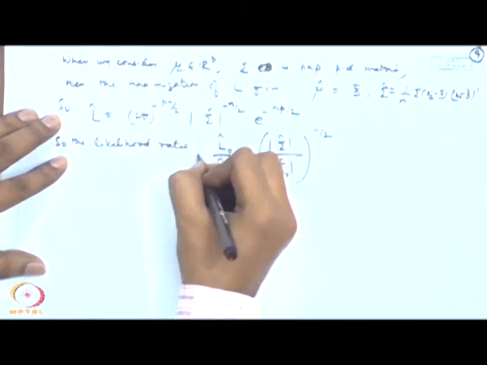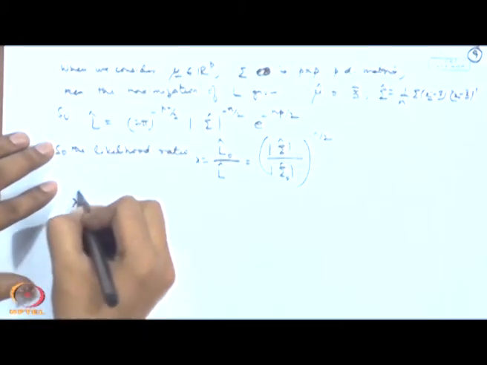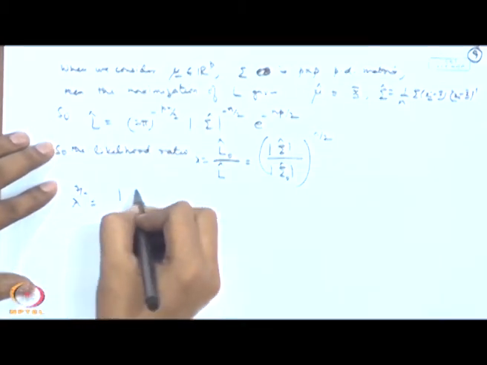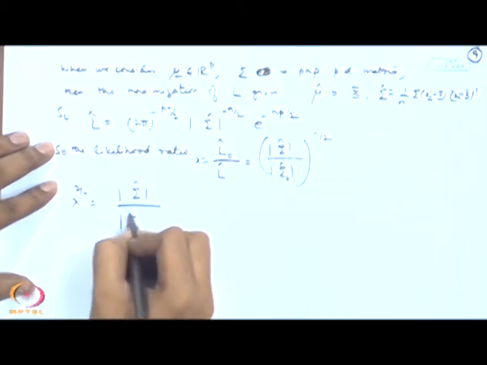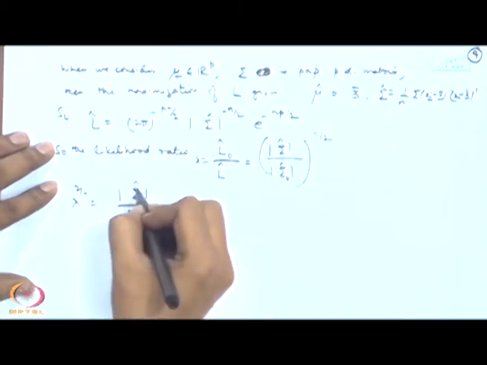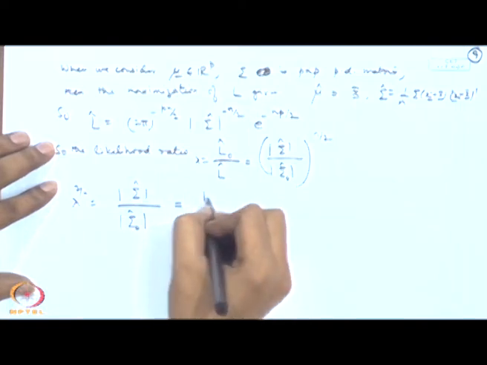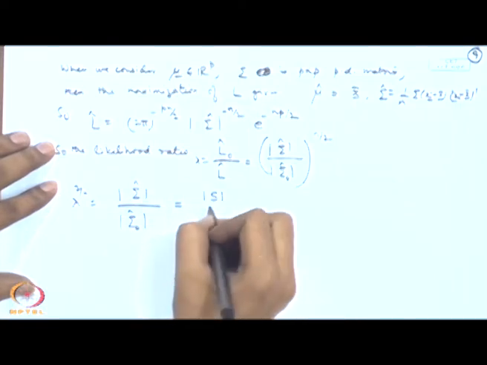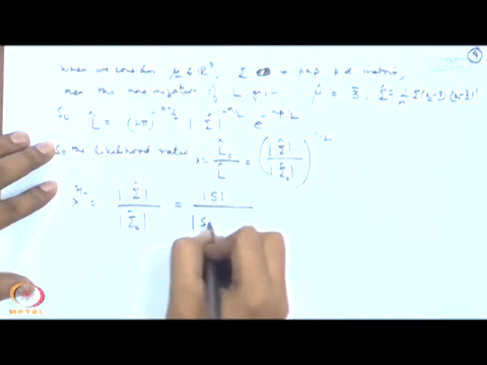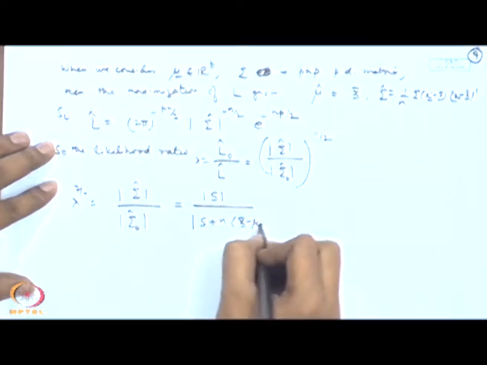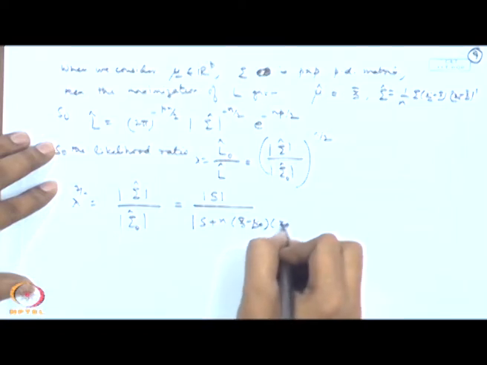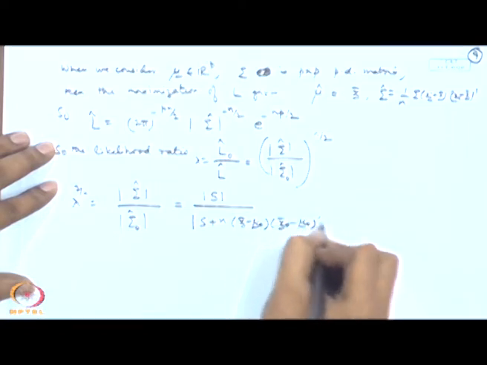Let us call it lambda. So, lambda to the power 2 by n is equal to determinant of Sigma hat divided by determinant of Sigma naught hat. Now, this is nothing but S divided by S plus n times (x bar minus mu naught)(x bar minus mu naught) prime.